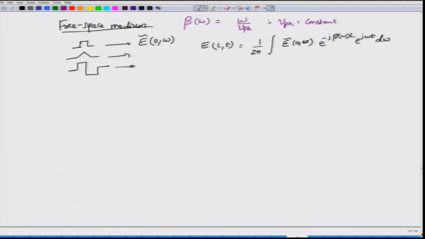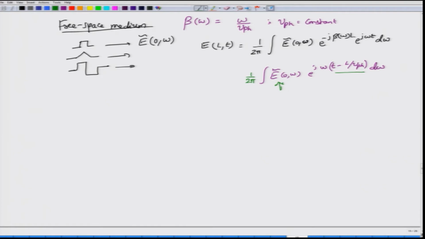Okay. So, when I substitute for this into this expression, look at what I actually get. This you can also do in your notebook: take omega as a common factor. So, you have t minus L by VPH, d omega. Of course, there is a 1 by 2 pi here, and what you actually see is that this is the same expression for the inverse Fourier transform of E of 0 comma omega, except that t is replaced by t minus L by VPH.